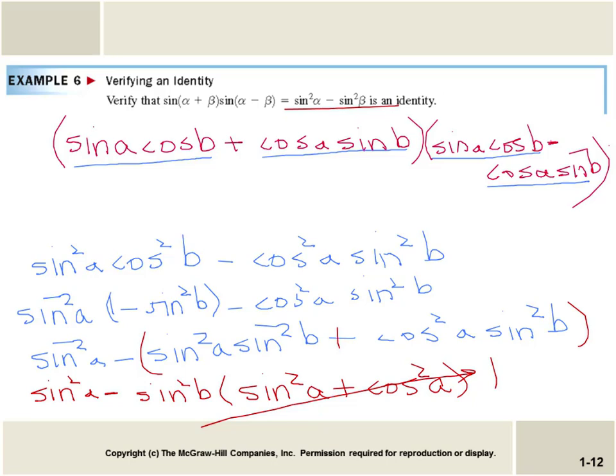Oh, no, Michael, what's the matter? Where did I lose you? Oh, I just factored out the negative. Because that would be a negative sine squared and a negative sine squared. I just didn't want to write another line because I was running out of space.